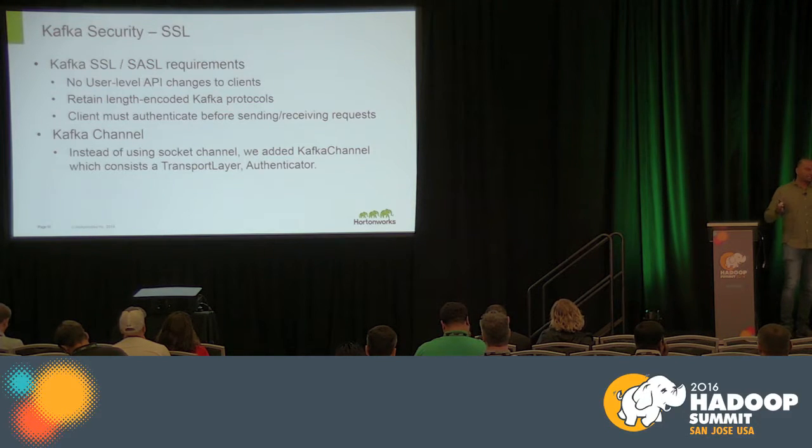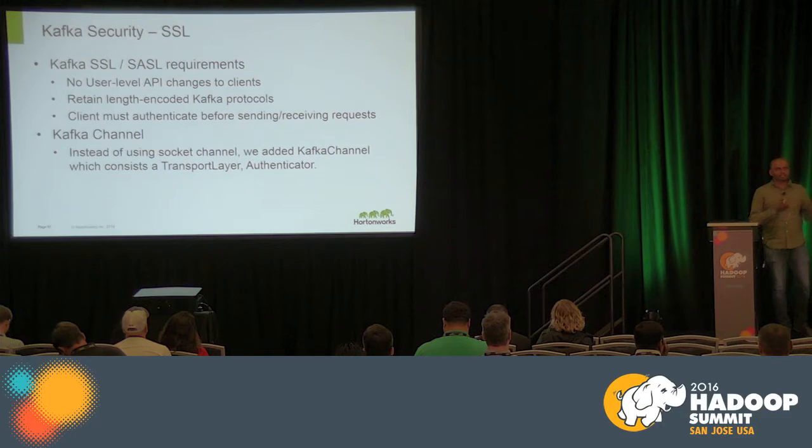On the Kafka side, we read the size, and we read that many bytes. That's when the request is complete, and then we go and process that particular request. Similarly, the response is written in the same way, length encoded. We wanted to retain that. And a client must always authenticate before it can proceed to send any request to Kafka. These are the minimum requirements that we set.